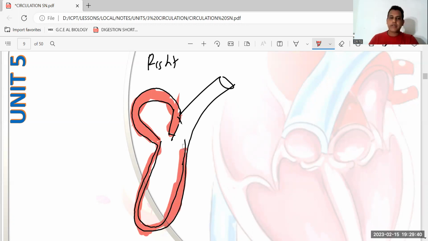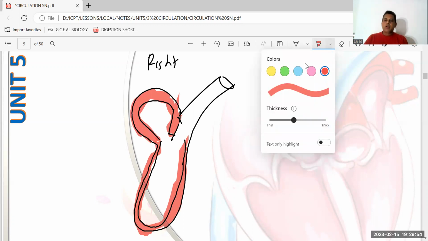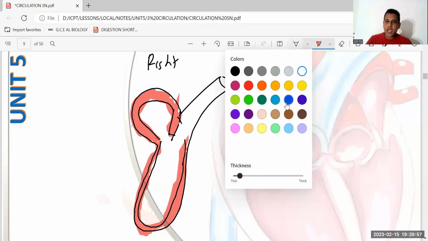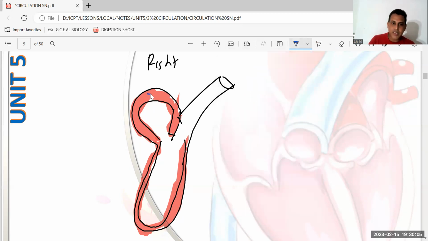The red color area represents the cardiac muscles, heart muscles, myocardium, right? And we can find specialized heart muscle cells somewhere here.